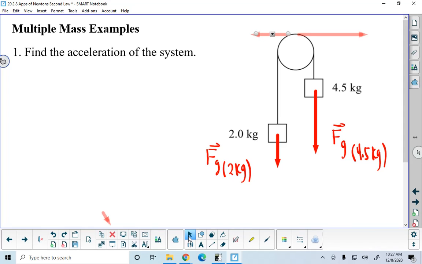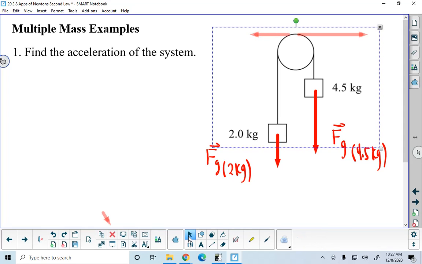So the pulley changes those directions. They are still opposing each other. The force of gravity on the 4.5 kilogram mass is trying to rotate the pulley clockwise, but the 2 kilogram mass's weight or force of gravity is trying to rotate it counterclockwise.